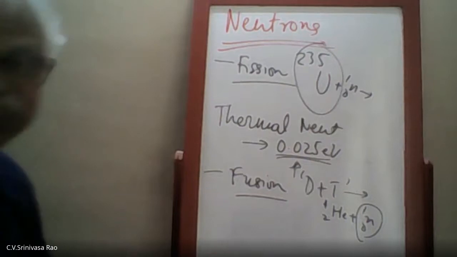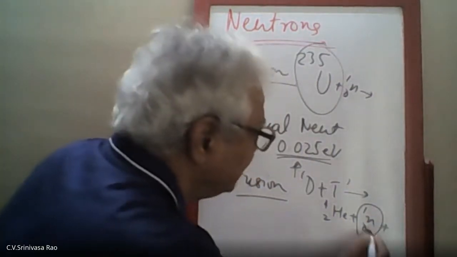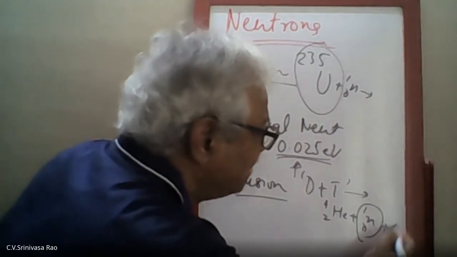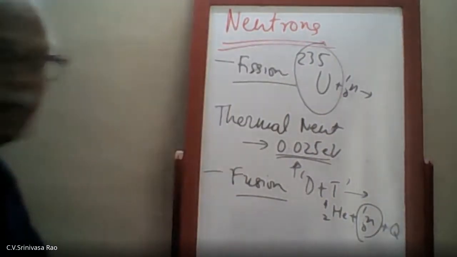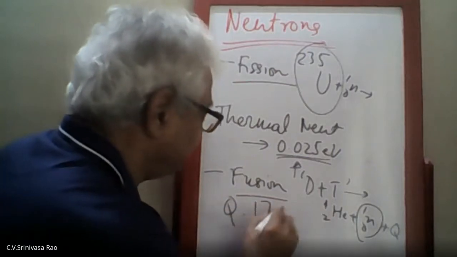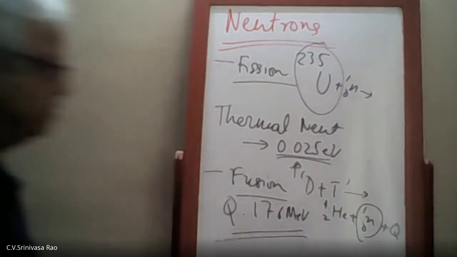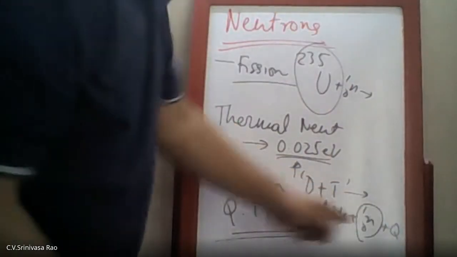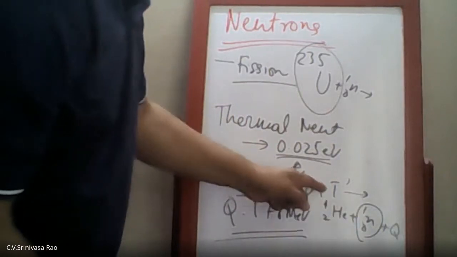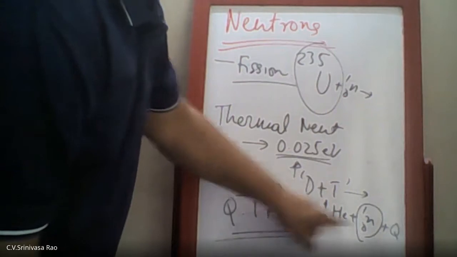Q value is positive, and typically Q is 17.6 MeV. So this huge amount of energy is released after deuterium and tritium fuse together. So it produces alpha particles and neutrons.